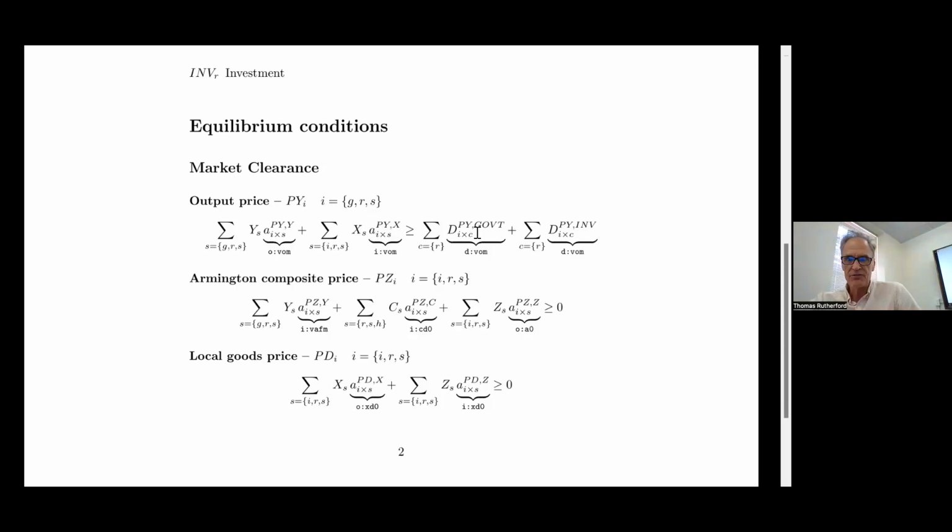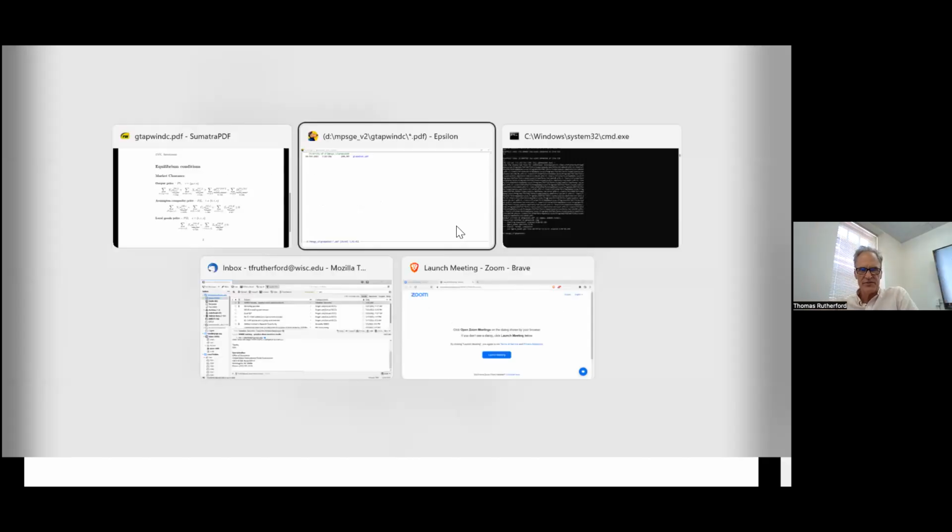And then here we have the demand. And I see it looks like there's a bug here. I'm not sure why. I guess this is DVOM. I'm not sure I understand why that's VOM on all of them. Looks like I have a bug. Let me see if I can figure out where that is.